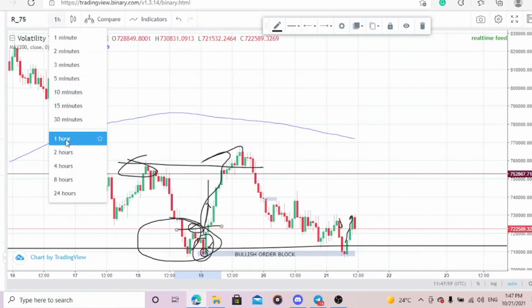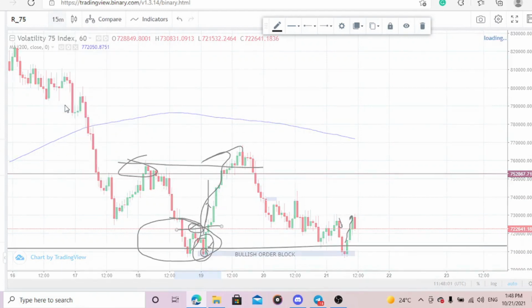Then I went back to my 15 minutes time frame, because I usually take most of my trades here, but I can even go lower. Sometimes I do take trades on the 1 minute time frame, but I won't advise you to do that.